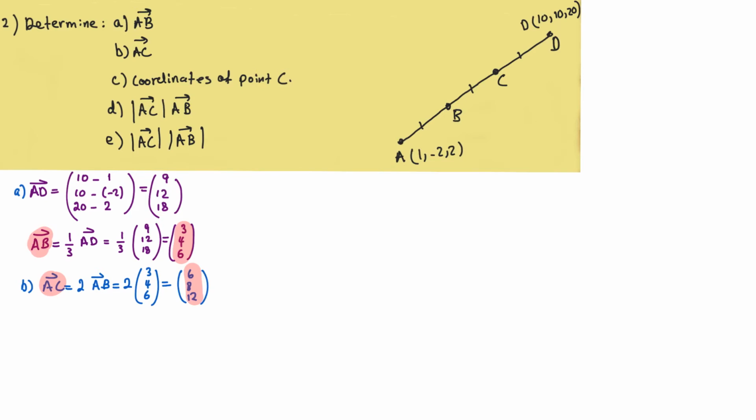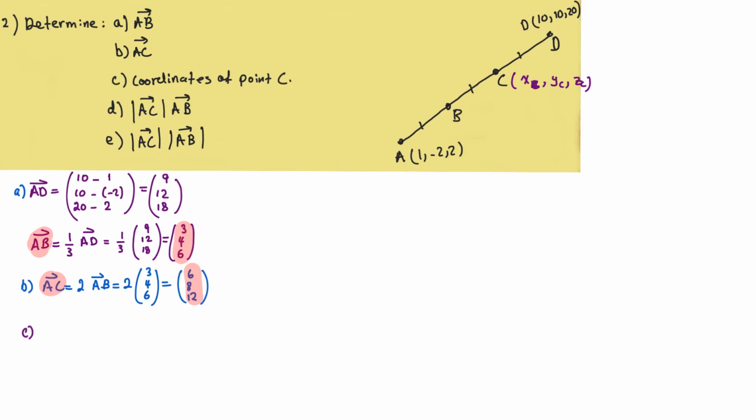For the next question, we want to determine the coordinates of point C. So I'll write that here. It's going to have an x component, xc, a y component, and a z component.